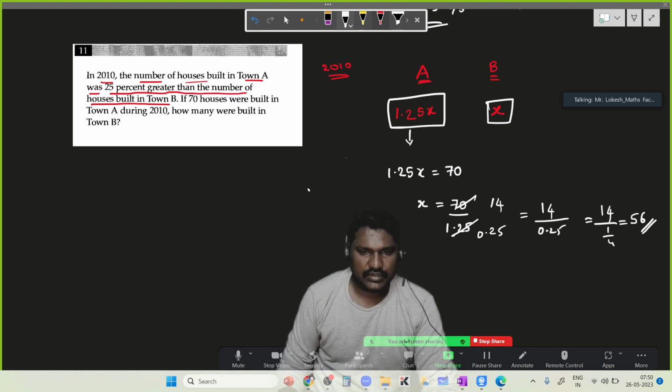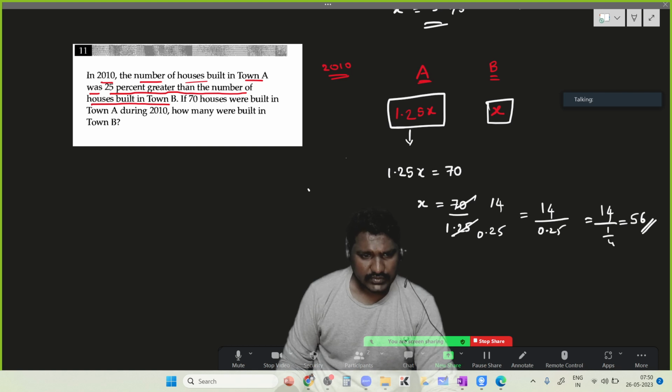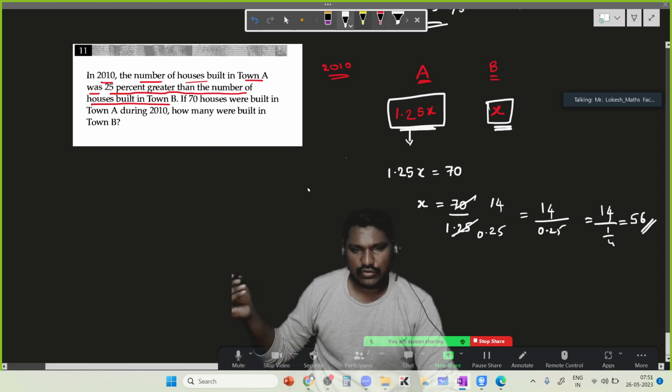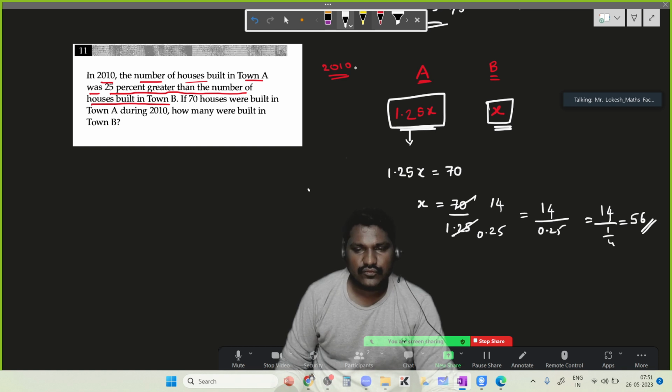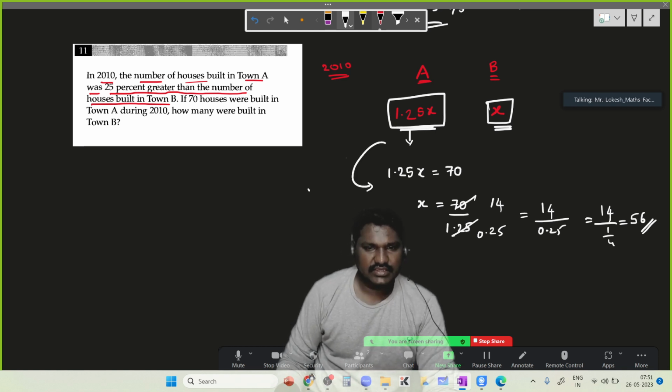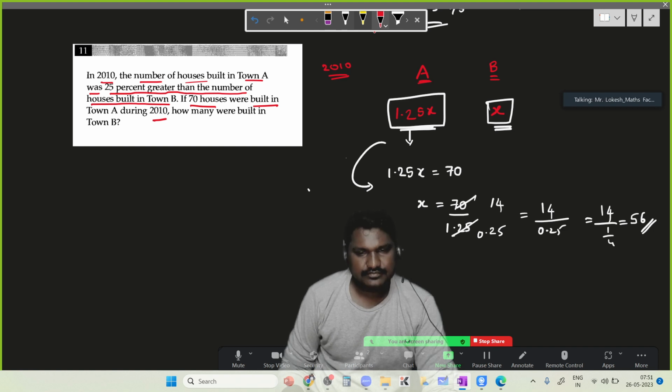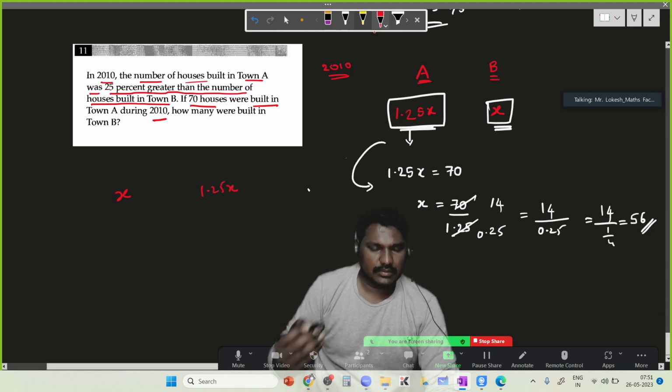The only thing is, the first step is very important here. He is giving that in 2010 the number of houses built in town A was 25% greater than the number of houses built in town B. So if the number of houses built in town B is X, then the number of houses built in town A will be 1.25 times X. If town B has X houses, then town A will have 25% greater than that, meaning 1.25 times X, and this value is given as 70. 25% greater means we can directly multiply by 1.25 to find the final value.